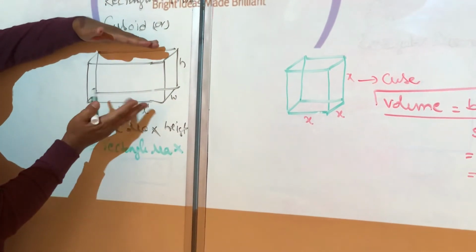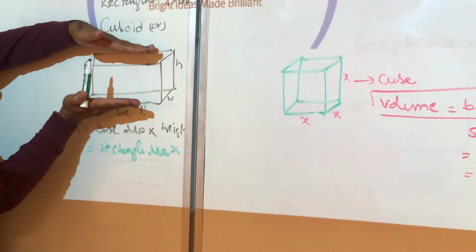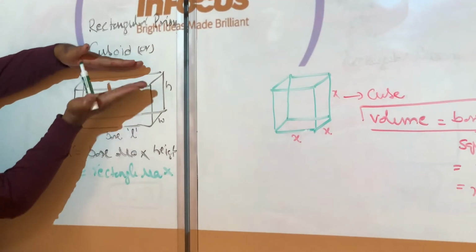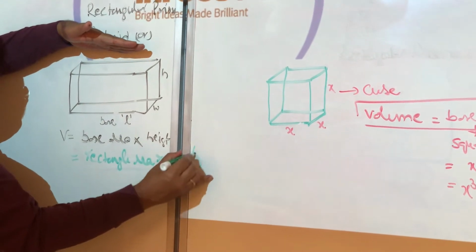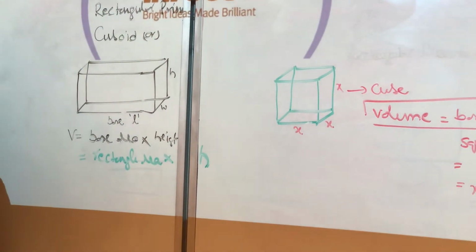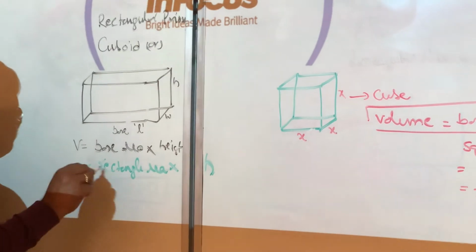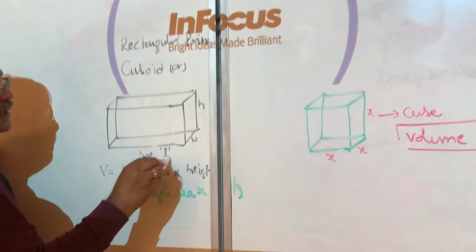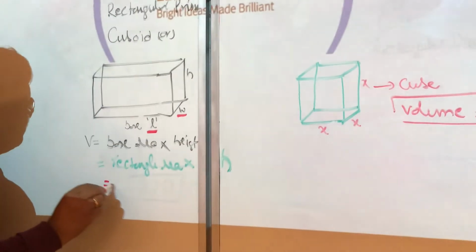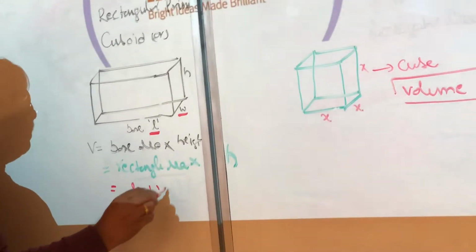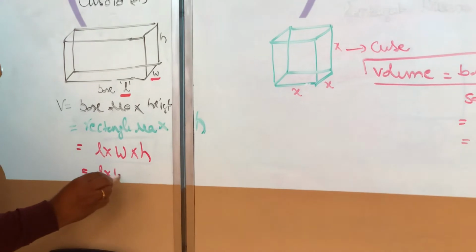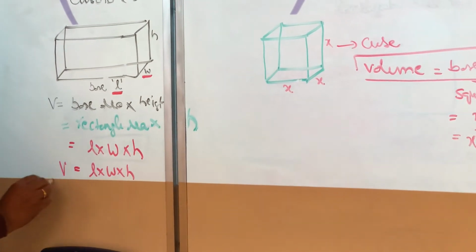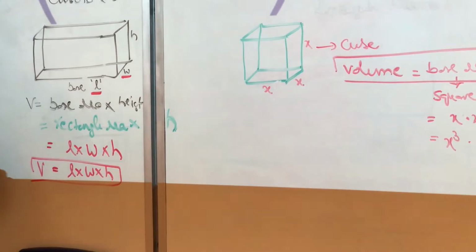The height of the shape is the distance between the two faces, so times H. The rectangle has dimensions length and width, so the area is length times width, multiplied with the height. So the volume is going to be L times W times H. This is the volume formula.